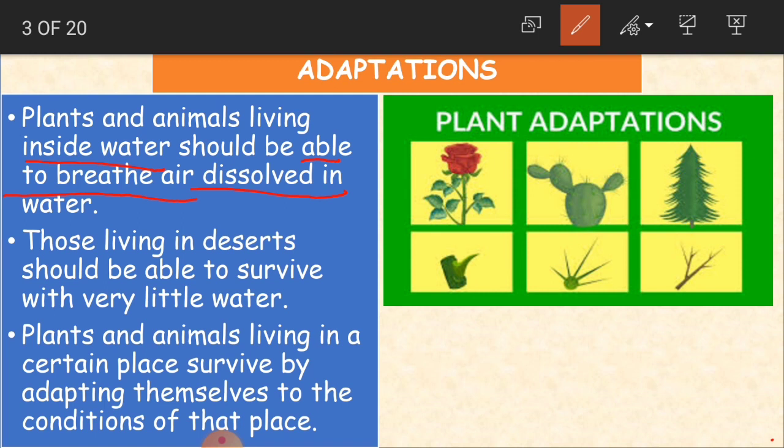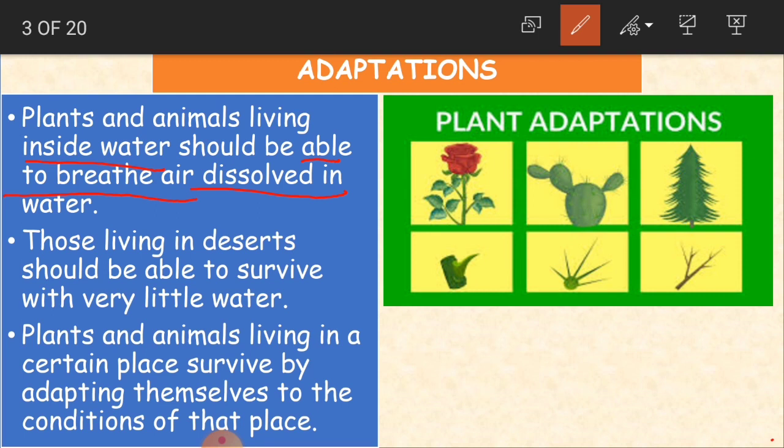Understood, children? So a plant living inside the water must be able to breathe the air which is dissolved in water. This is called adaptation. This is one example of it making itself comfortable to live in water.